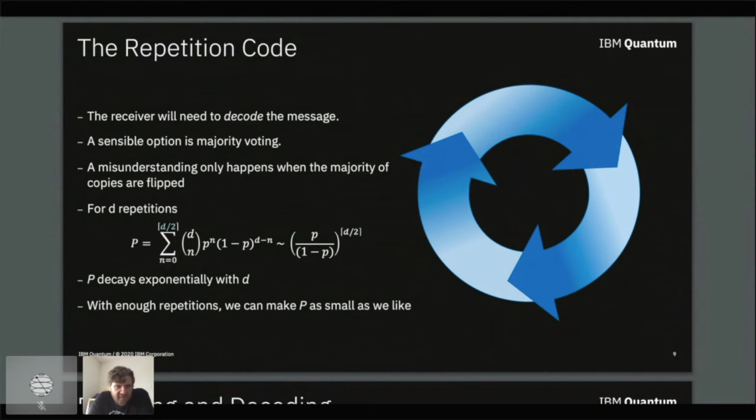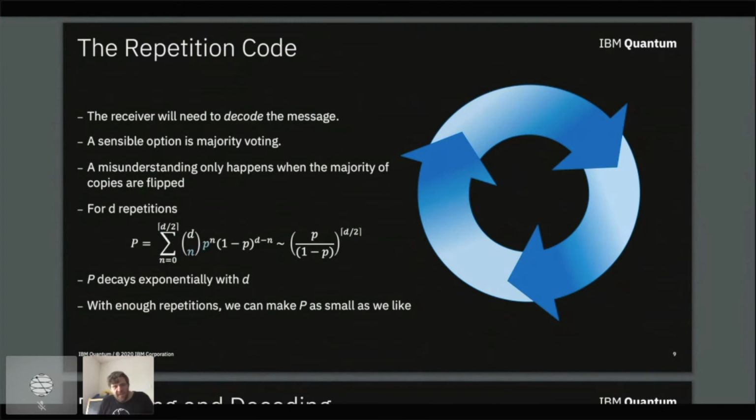So it's all of the different ways that half or more of the copies flip, and the probability of this scales, well, there are binomial coefficients and all that. But really, it just scales with the probability that a flip happens, to the power of the minimum number of flips, which is half.